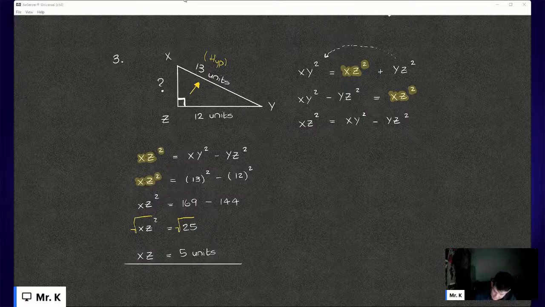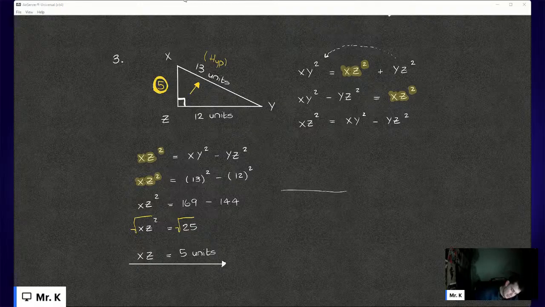Okay, and yes, that's absolutely correct. In the context of our triangle, grade 9s, does it make sense? Well, if I were to replace the question mark over here on our triangle with a 5, yes, it does make sense, right? It's shorter than the other 2 sides, but it's still a very realistic number to have in this scenario. All right. So XZ is 5 units.